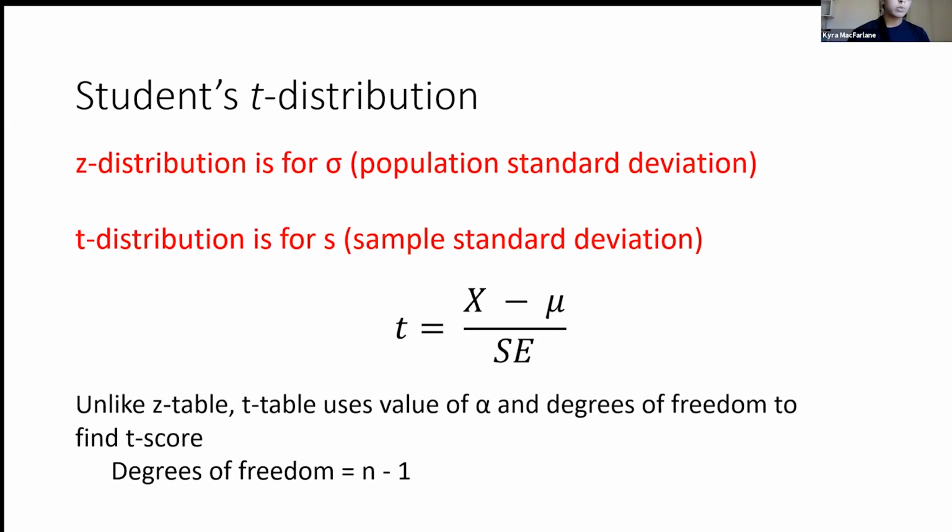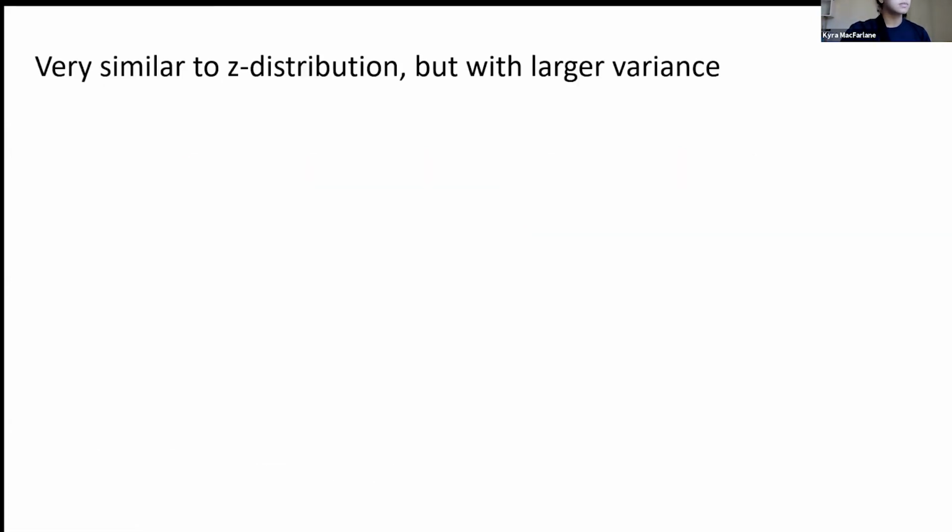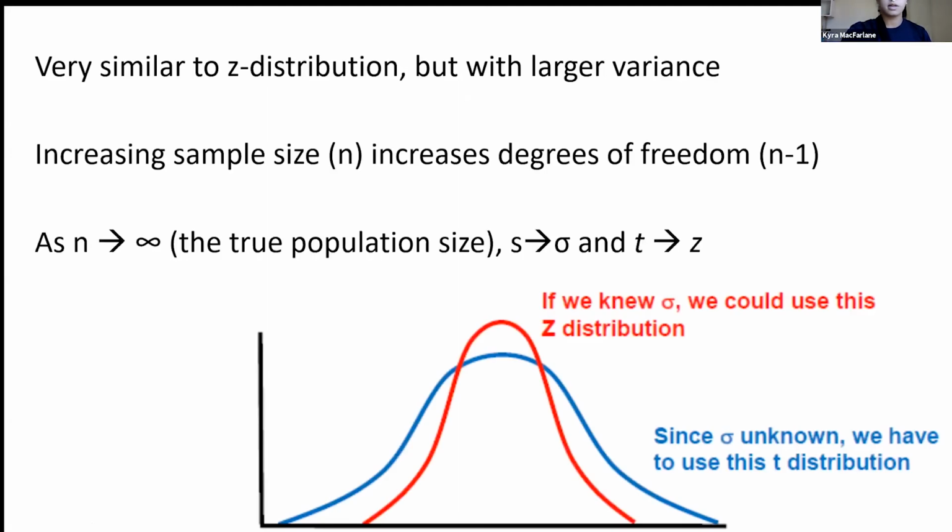Unlike z-tables, when we look up our critical values, as you'll see on page 274, you need to have the alpha and the degrees of freedom when you calculate the t-score. And again, our degrees of freedom is just n minus 1. And I think I have a table of that coming up.